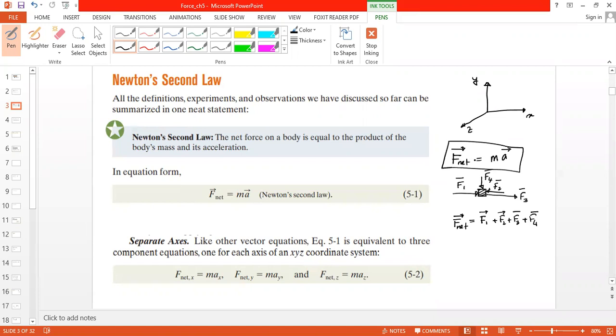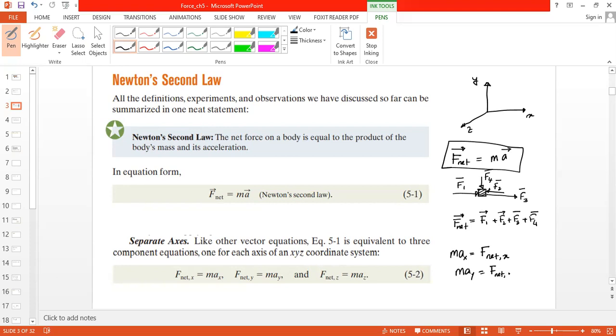When we write it for a 3-dimensional system, we can separate the components. So we can write m ax equal to F net x, the x component of the net force, and m ay equal to F net y.